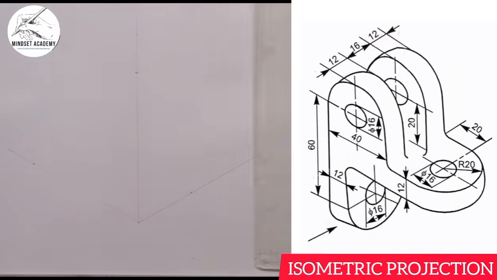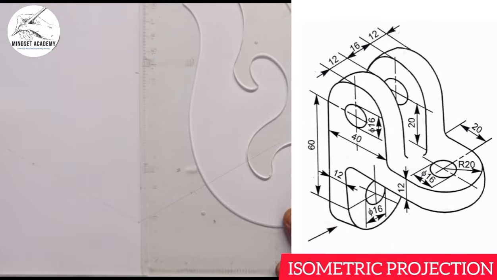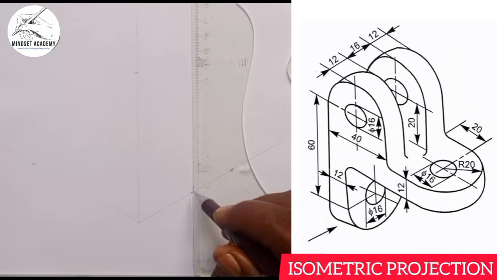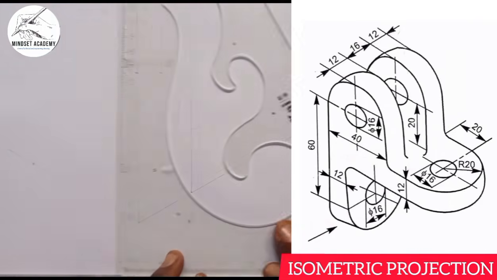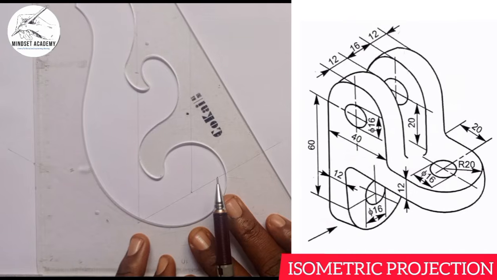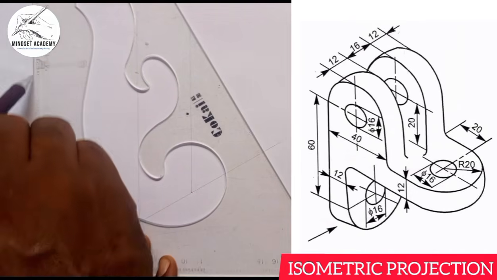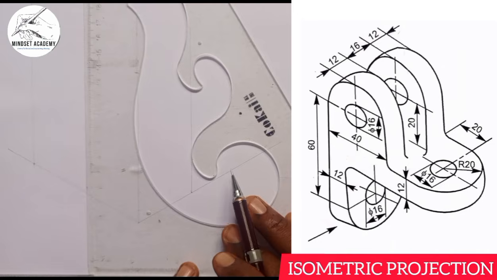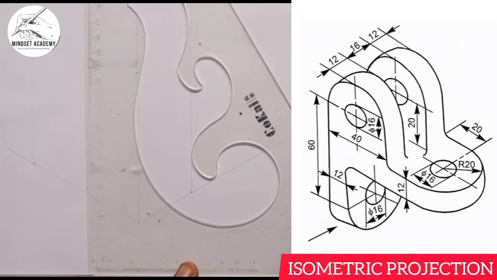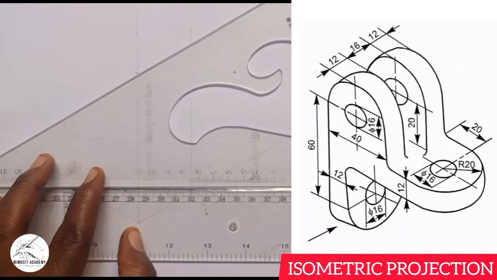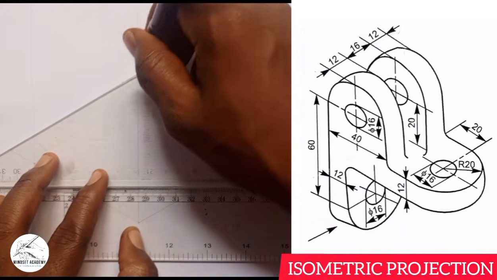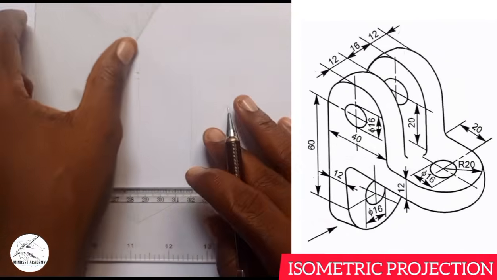So from here, I'll take this up. From here, I'll take this up. Right? And I'll close here too. From here, I'll draw an arc this way. I'll turn it.